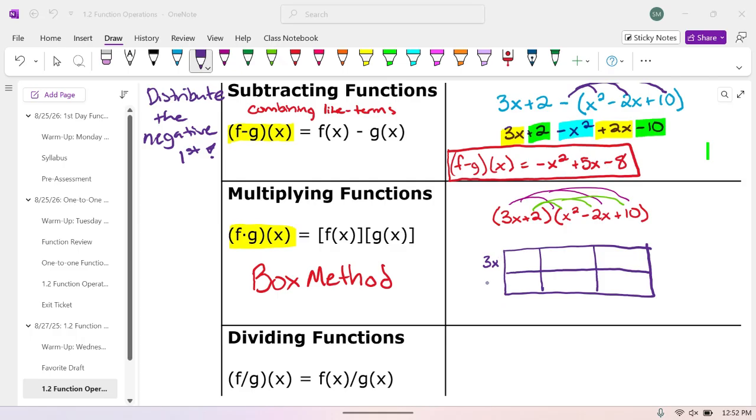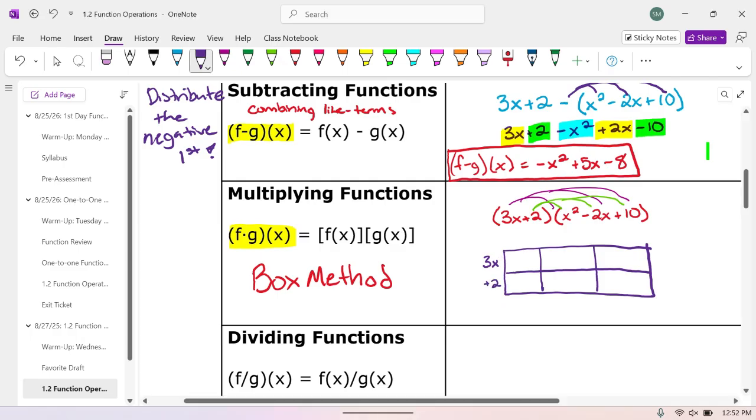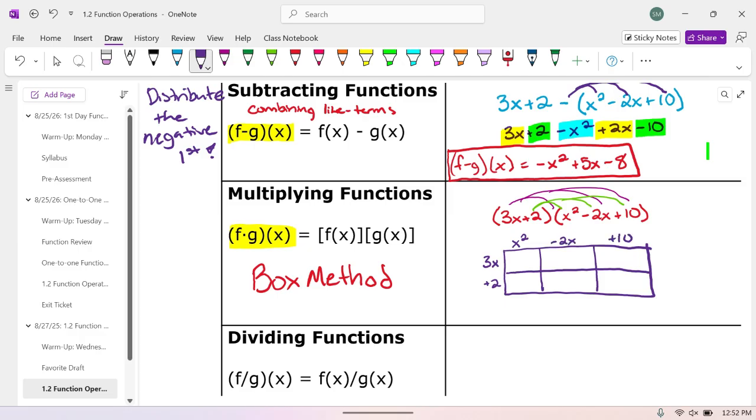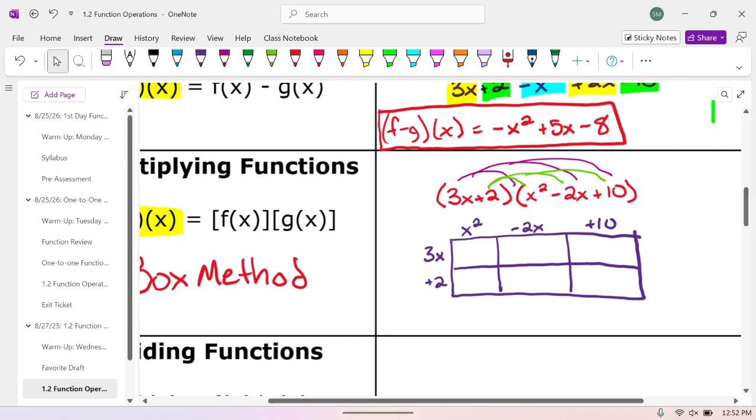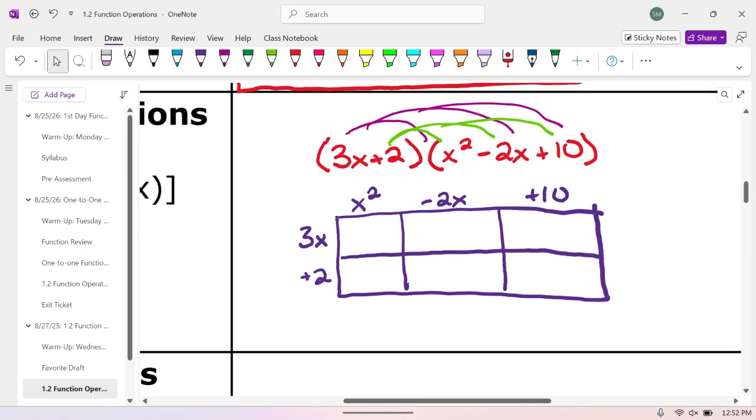So 3x plus 2. And I like to write the signs with it just so I keep up with them. And then on top, I'm going to write x squared minus 2x plus 10.